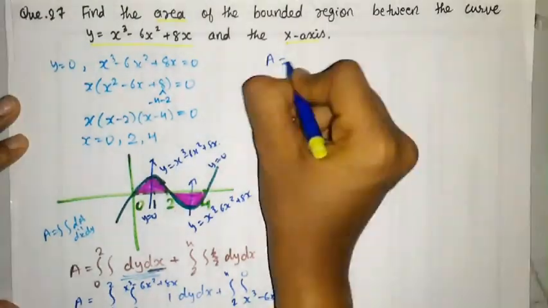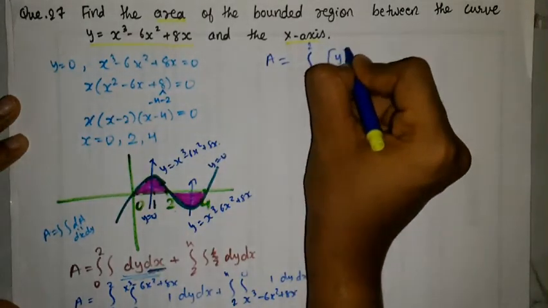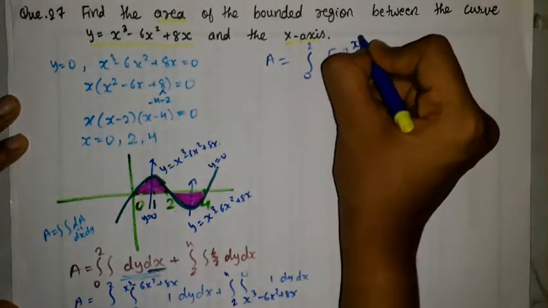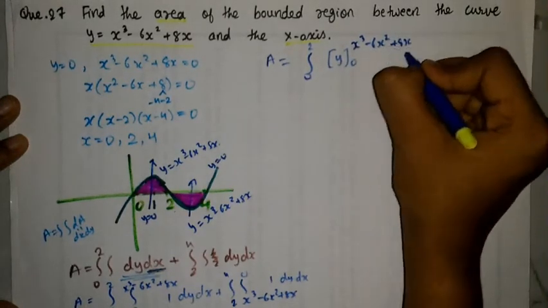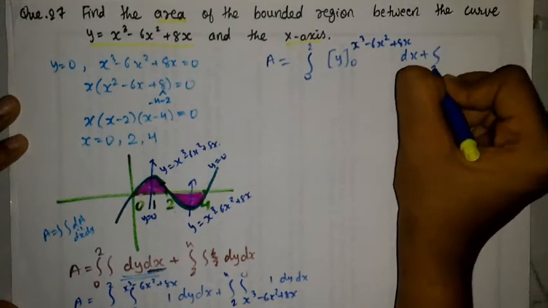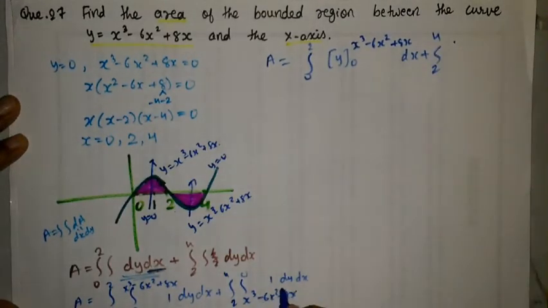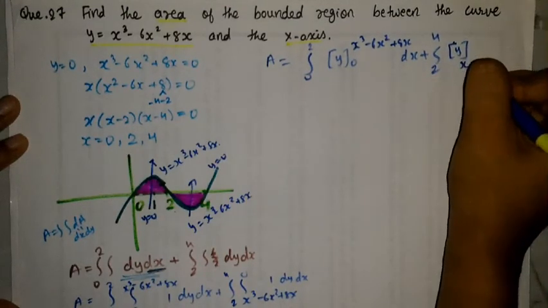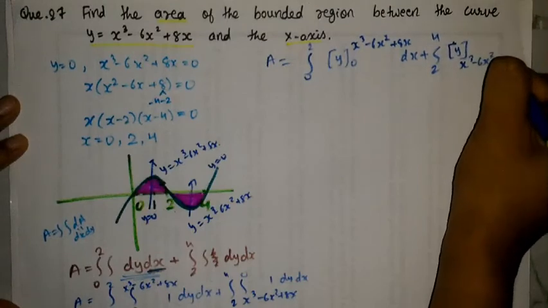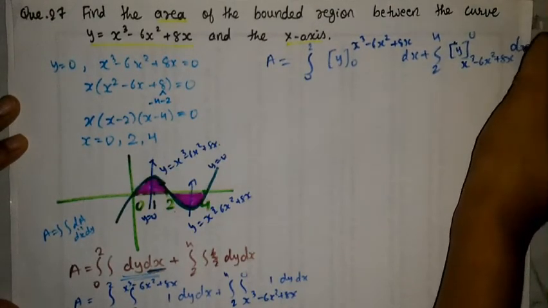So we get area is equal to integration from 0 to 2 of y, its limits are from 0 to x cube minus 6x square plus 8x, into dx, plus 2 to 4, and here also integration of 1 with respect to y is y only and its limits are from x cube minus 6x square plus 8x to 0 into dx.